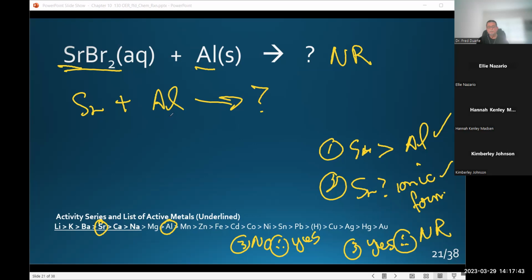So strontium, what was I doing? Aluminum bromide. Somebody caught that. Strontium reacting with aluminum bromide. Okay, that's okay. Still, the answer is yes. Know that yes, there's a reaction proceeding because strontium is not in the most stable form.